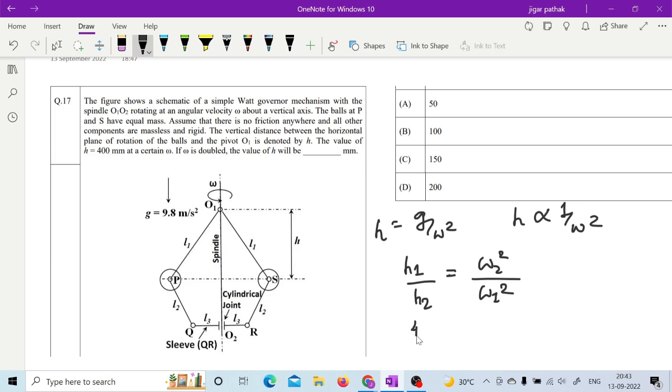So h1 is given as 400, h2 you have to calculate, omega 2 is given as 2 times omega 1, so (2 omega 1) square upon omega 1 square. So now if you simplify it, you will find h2 is equal to 100 mm, correct? So here you have 100 mm as the correct answer.